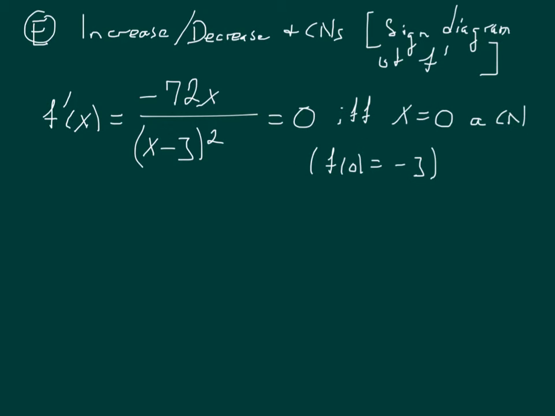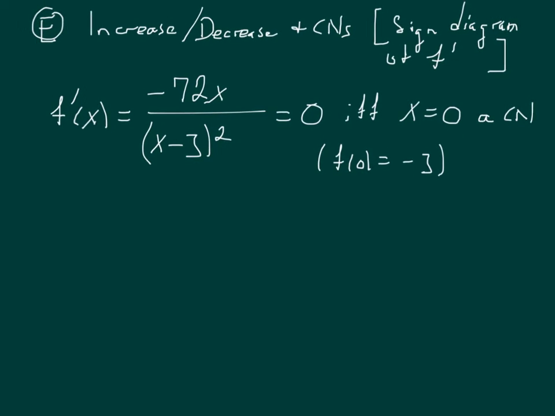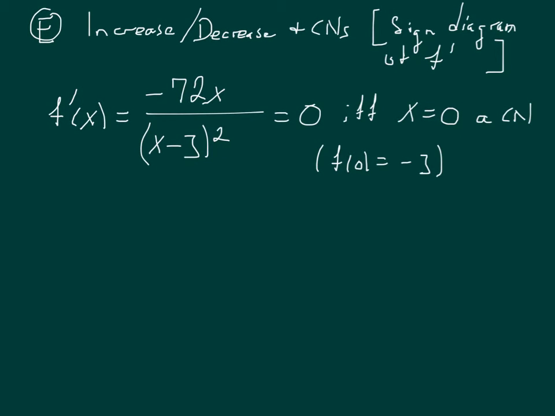So continuing with the sign diagram of f prime, we found out where f prime of x was 0. That was when x was 0, and we want to know when does f prime of x not exist? f prime of x does not exist exactly when x is equal to 3.